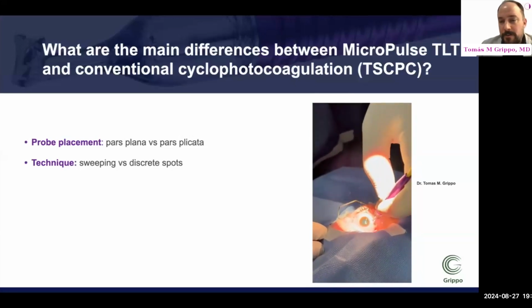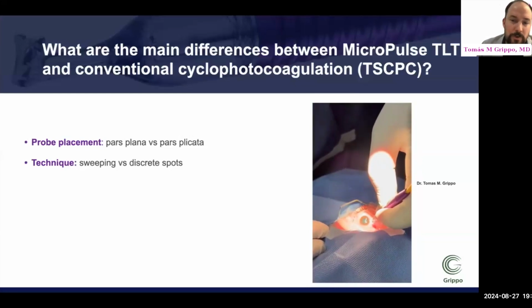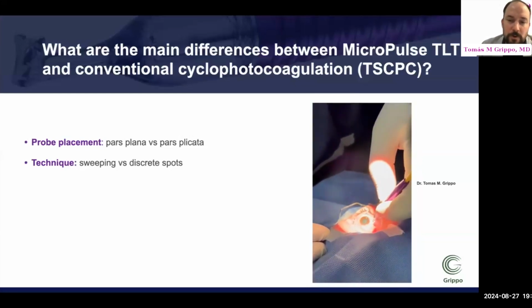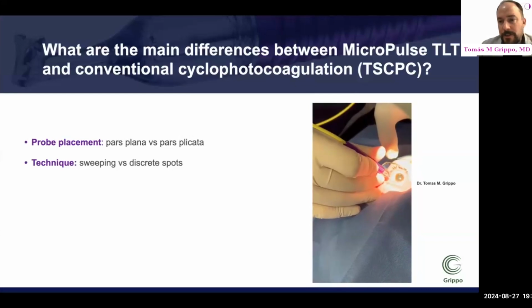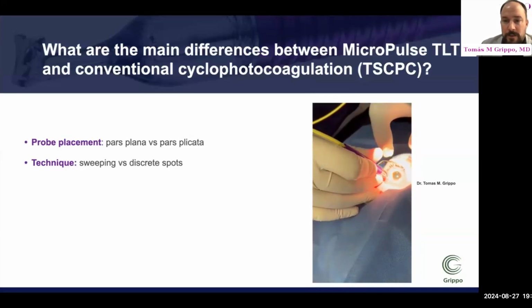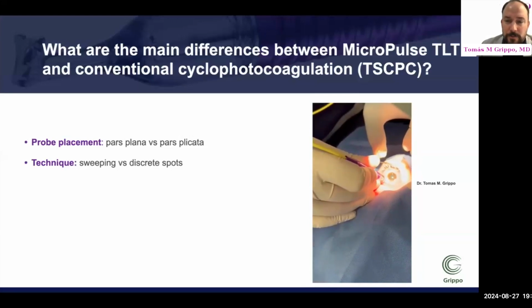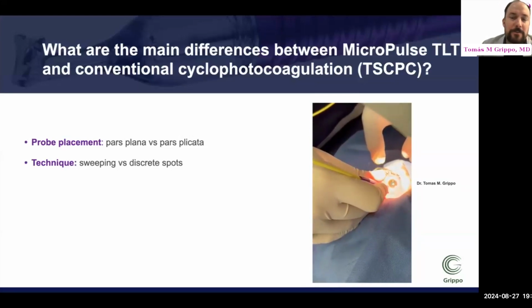Usually the horizontal meridian is spared to avoid nerves and vasculature, which are more present in that location. And as you can see here, sweep velocity is also critical for appropriate delivery of the energy. So this is actually the second big difference between both techniques.